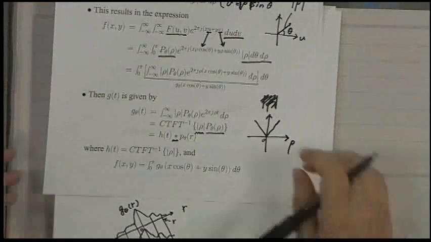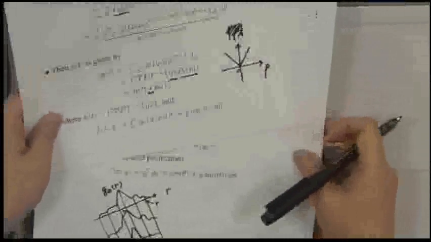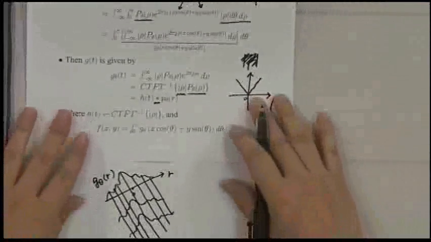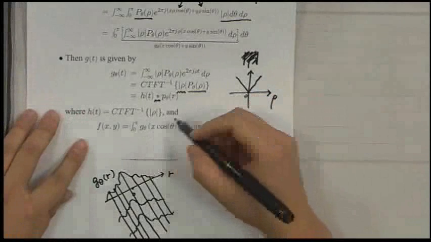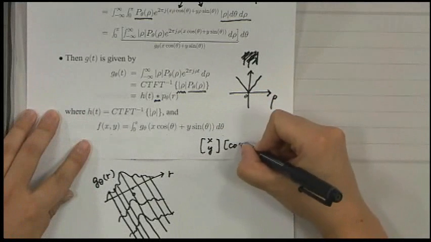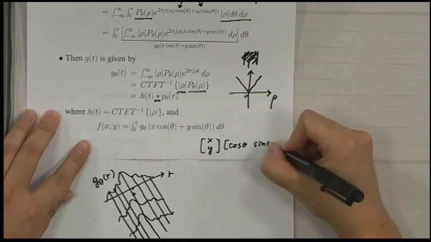Okay, so this is an inner product of (x,y) and (cosine theta, sine theta).